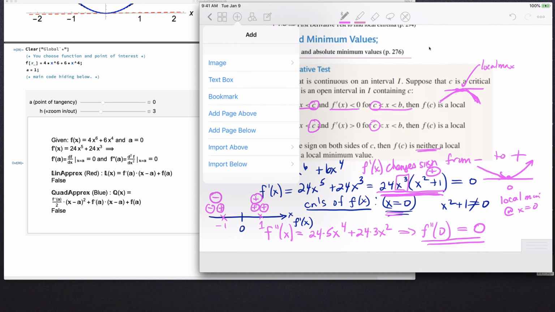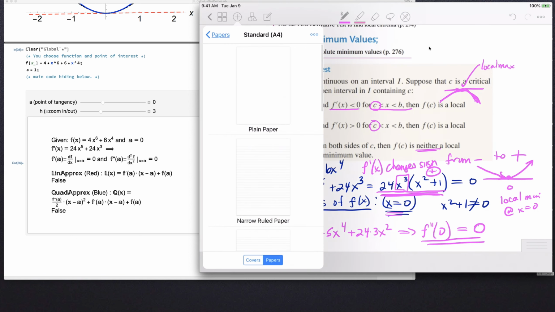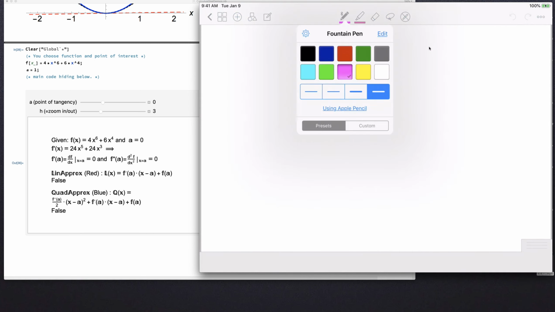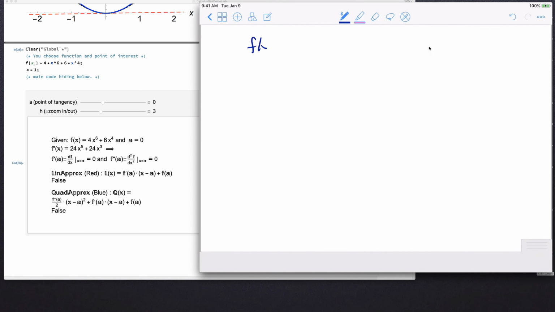Okay, let's see what happens in another example, just how changing one sign can really affect the whole problem. I'm going to look at that same function, f of x equals 4x to the 6th minus 6x to the 4th.